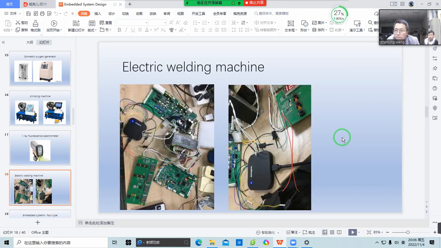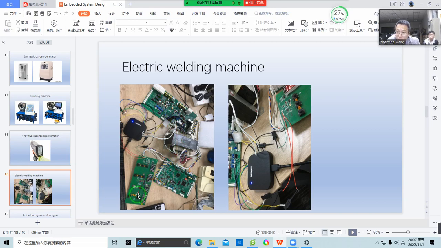Another, latest product is this electronic welding machine. My customer just manufactures this kind of machine. These PCB boards are taken apart from the electric welding machine.